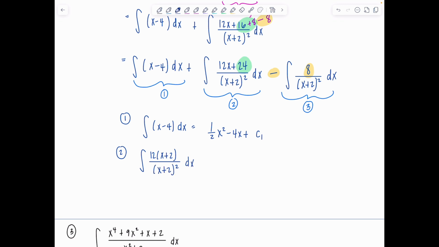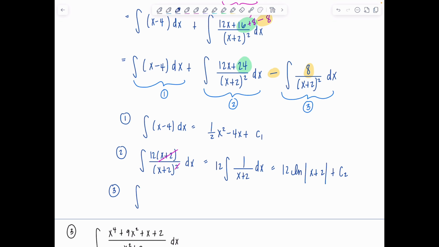So what's this going to give me? Oh, something so fabulous. This cancels out, right? So then it's 12 times the integral, basically 1 over x plus 2 dx, which is 12 natural log, absolute value x plus 2 plus c2, very good. And then my third little integral, I'll put the negative back in later.